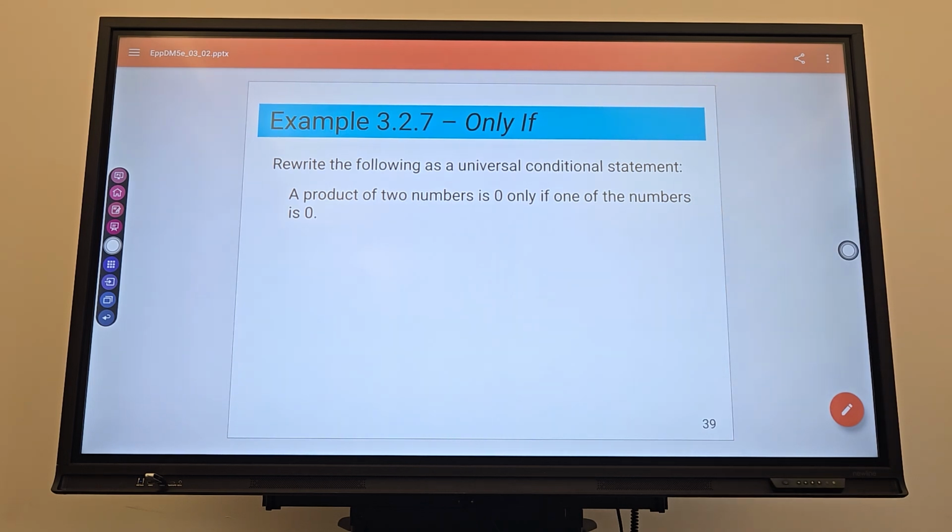A product of two numbers is 0 only if one of the numbers is 0.